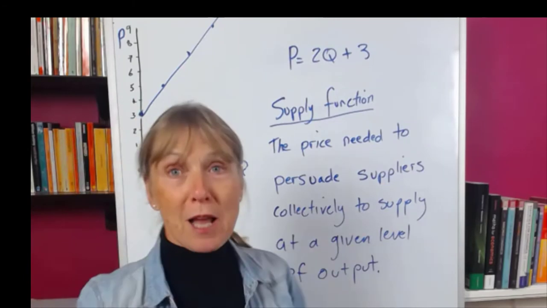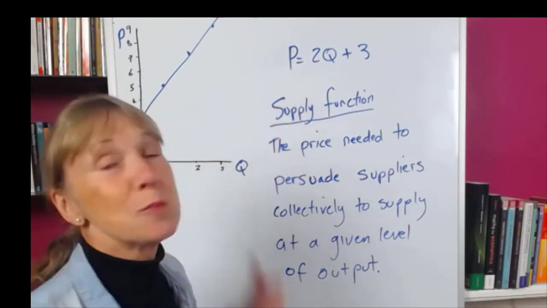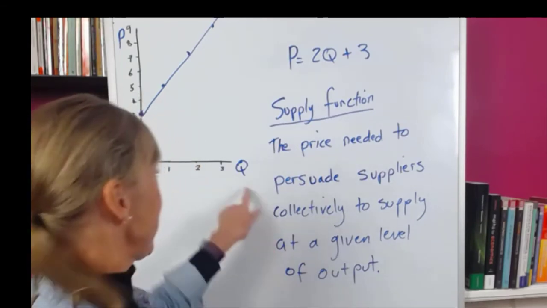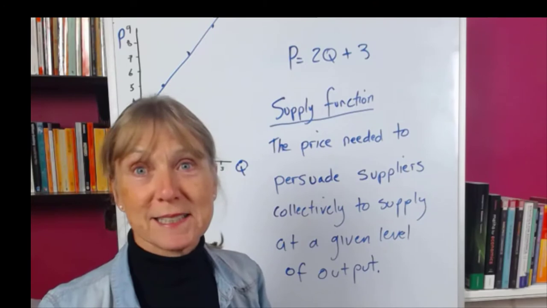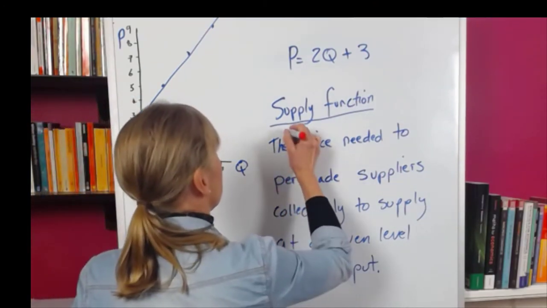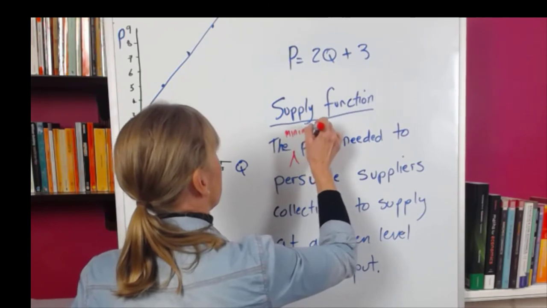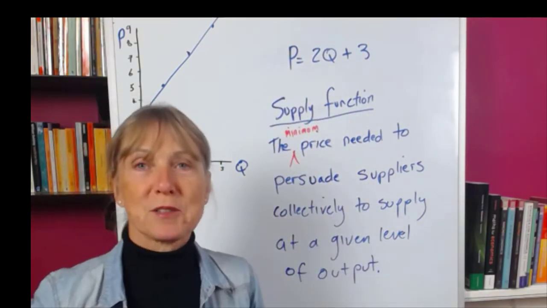Collectively, we're looking at suppliers as a bunch, and we are using this function to predict at a particular level of output, say 3 million, what price we would expect to see in the market. To make this correct, it really ought to be the minimum price that would persuade suppliers to produce that much.